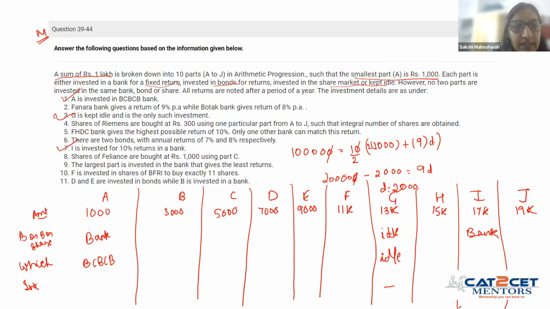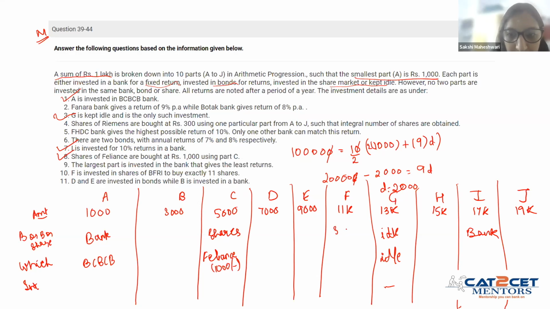So shares of Reliance are bought at rupees 1,000 using part C. So this is shares, this is Reliance, and it is 1,000 rupees each, and the interest rate we don't know yet. And the largest part is invested in the bank that gives the least returns. Okay, F is invested in shares of BFRI to buy exactly 11 shares.